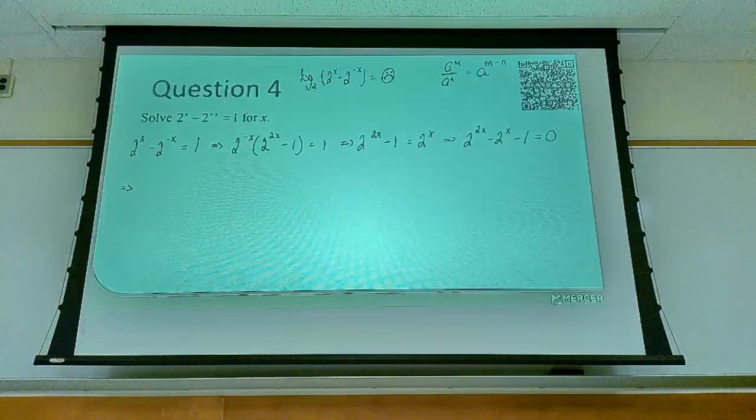Let's make it even more obvious. 2 to the 2x is not the same as 2 to the x all squared.